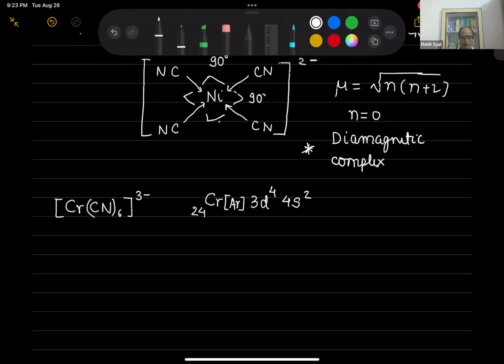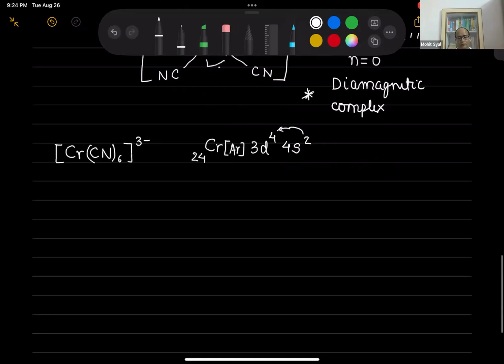If it is incorrect, what is going to be the correct electronic configuration of chromium? Marwa, Aisha? 3d5 actually, because a half-filled electronic configuration is very stable. In 11th class you might have studied, and we are going to study again in the d and f block elements, that one electron moves from 4s to 3d, so that the 3d becomes half filled or fully filled.